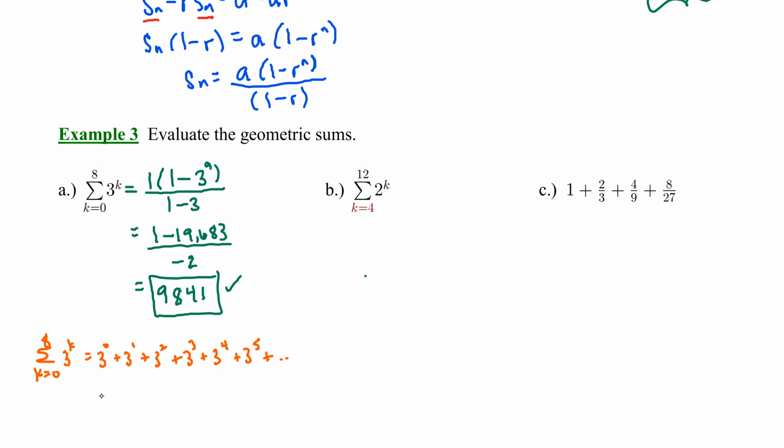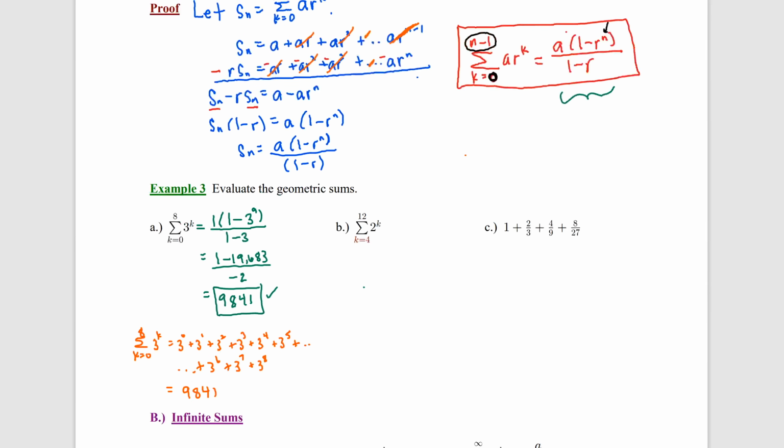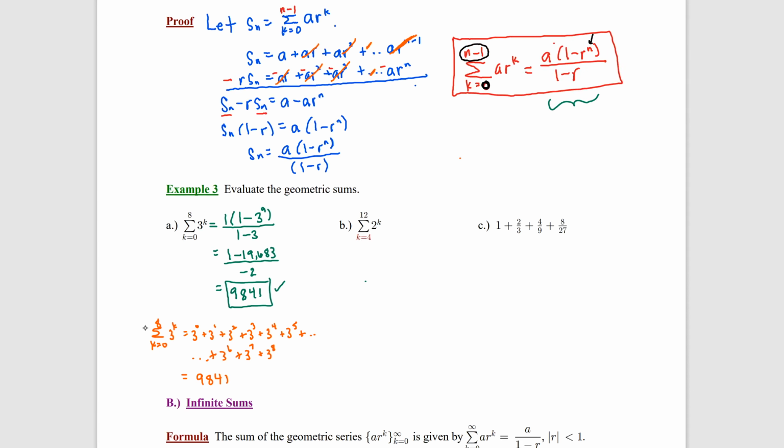I'm going to continue here on the next line, plus 3 to the 6th, plus 3 to the 7th, plus 3 to the 8th. If we type that into our calculator and evaluate the result, we would find out it's 9841. So the formula that we are examining is allowing us to shortcut this tedious work based on the pattern and quickly obtain the sum.